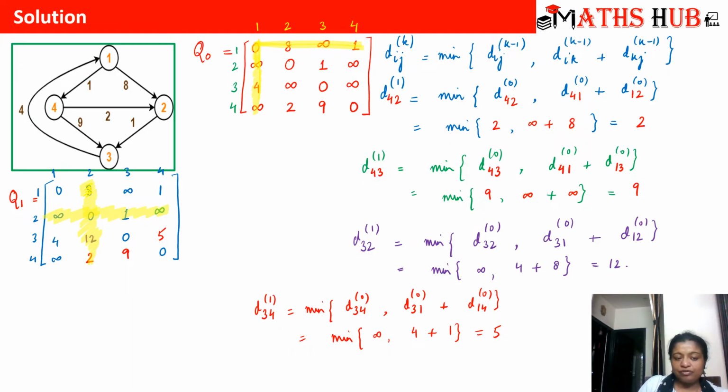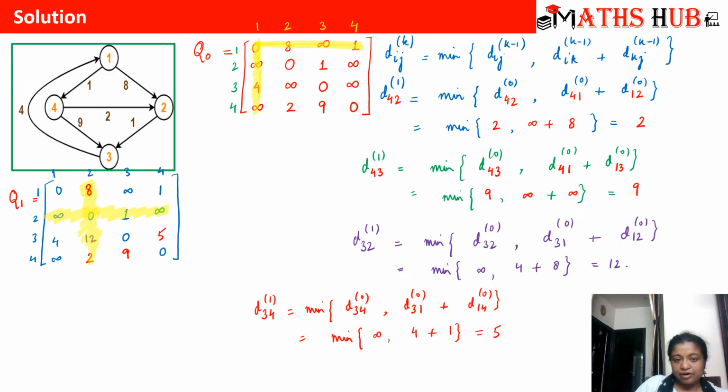When we are moving to the next cell, we will not be changing the second row and the second column, right? Okay, let me rewrite this entry as 8. So we will not be changing the second row and second column, and let us now develop Q2.